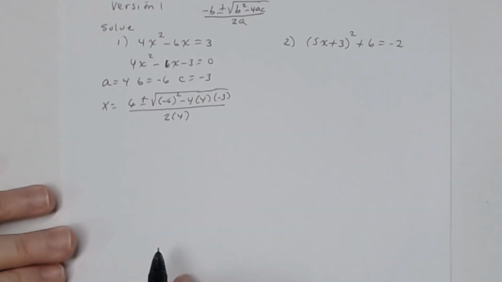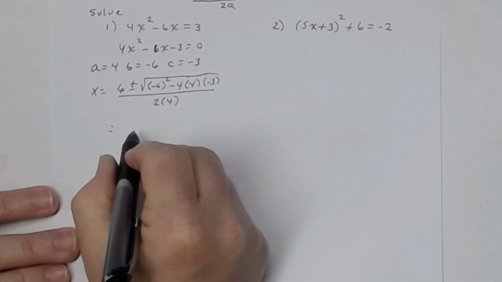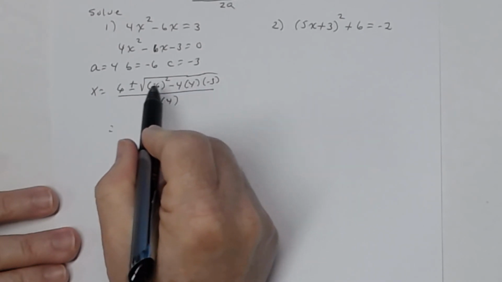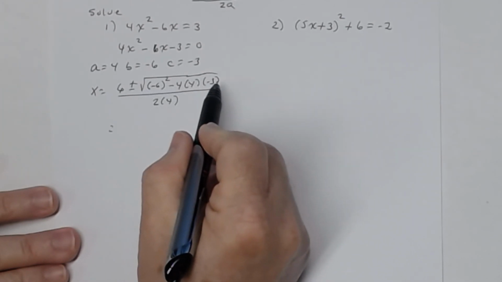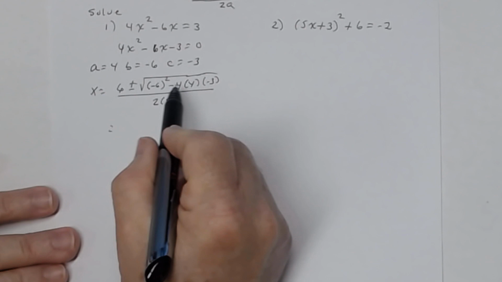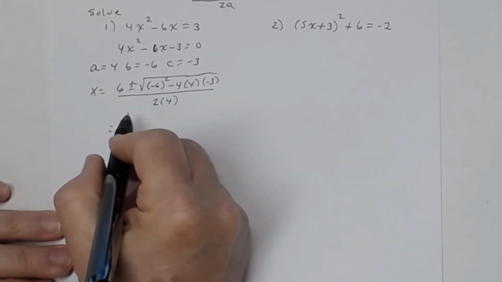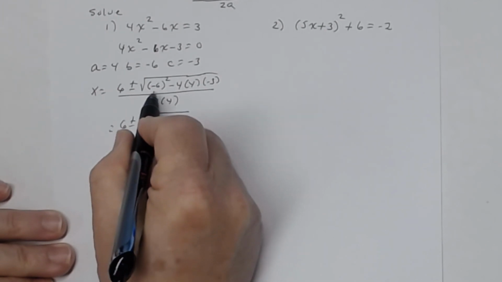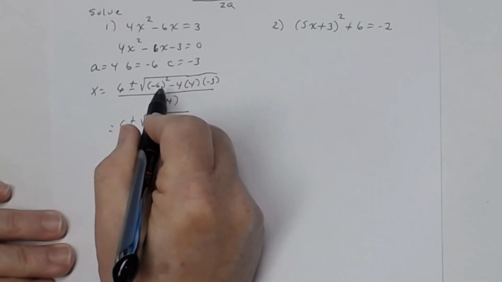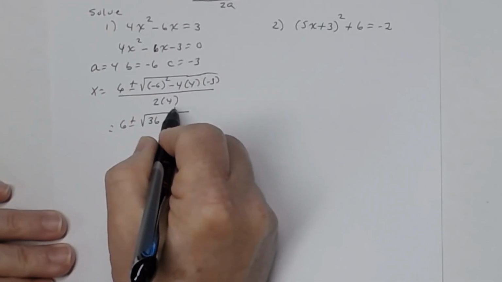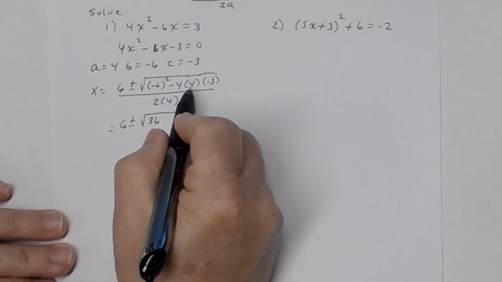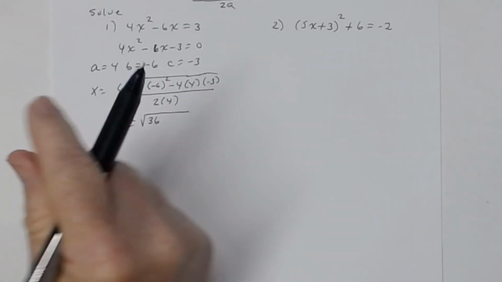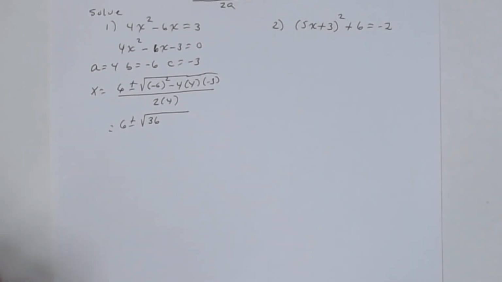So you had to show this step. Then you have to show the next step, which is where you simplify this radicand or this discriminant. So you would say something like this: 6 plus or minus the square root of negative 6 times itself is a positive 36. A negative 4 times a negative 3, and use your calculator if you have to.